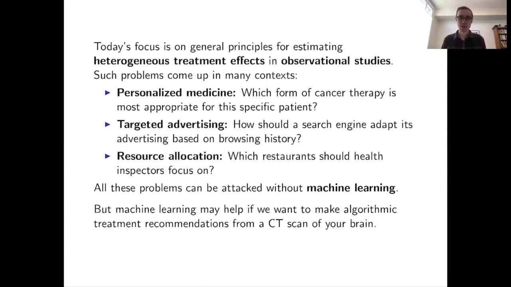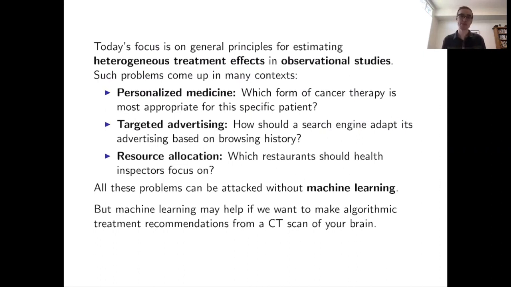Suppose you have a new medical treatment that you're interested in deploying. You think people benefit from it, but maybe some people benefit from it more than others. You'd want to, based on medical history or other facts, prioritize the treatment to people who benefit from it the most.